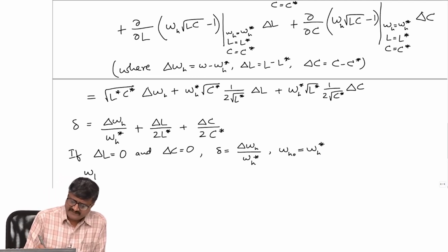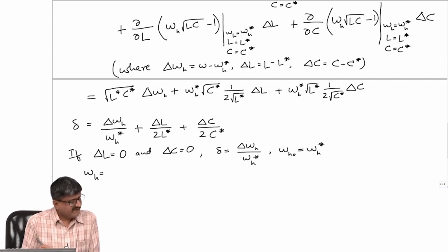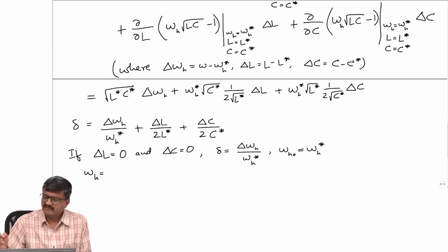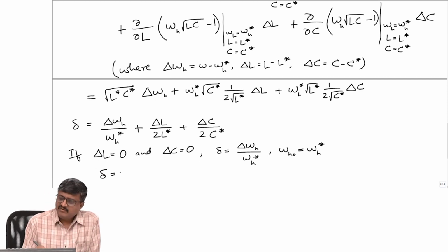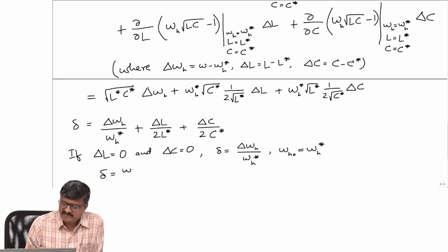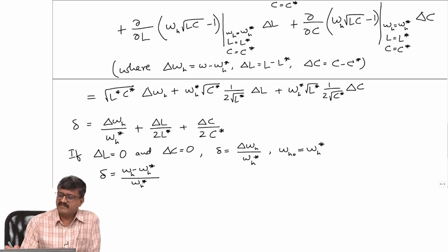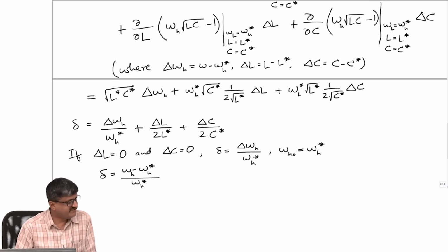Now, if I take omega H, the actual harmonic frequency, then delta omega H is by definition omega H minus omega H star divided by omega H star. So, that is by using the definition of delta omega H. Now, just now I said omega H star and omega HO are one and the same.